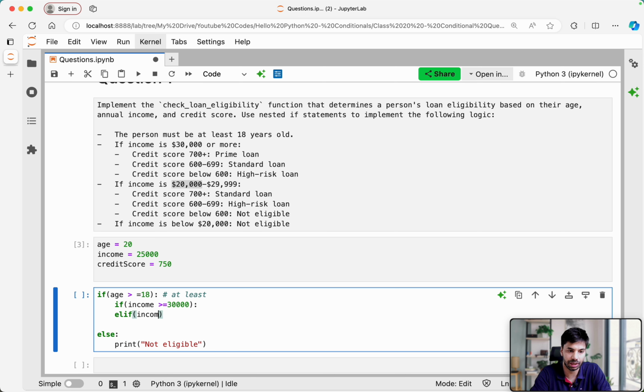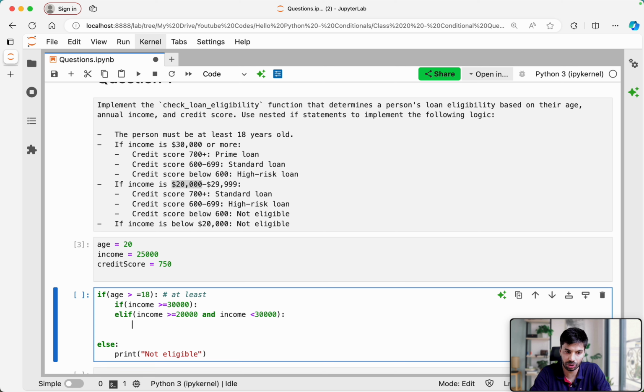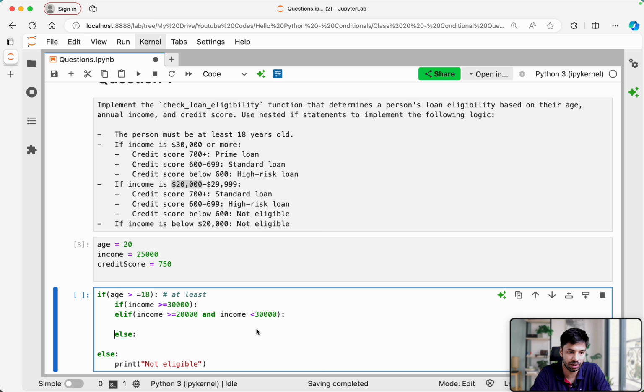Elif income is greater than or equal to 20,000 and income is less than, not equal to this time, 30,000, then we do something. Else, we can print not eligible again.